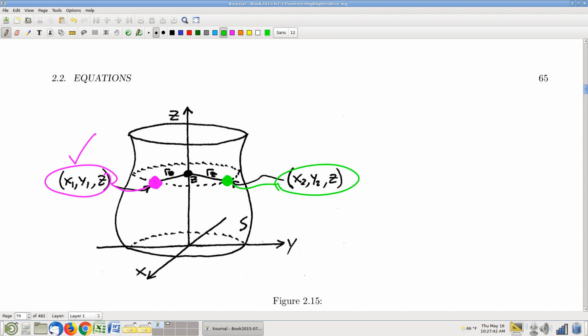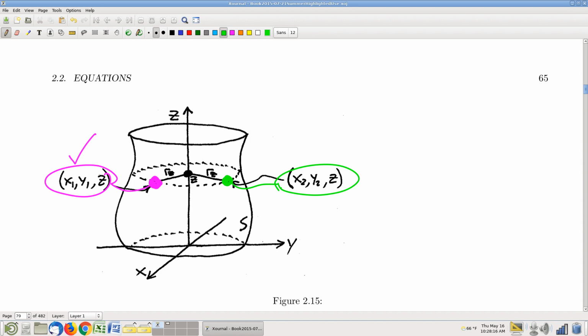Now, let's think about what happens when you rotate. You have a point in space and you rotate around the z-axis, strictly rotating. The z-coordinate doesn't change when you do that. Now, x changes. Y changes. But the distance from the z-axis also does not change when you rotate around the z-axis. So let's think about the equation then.